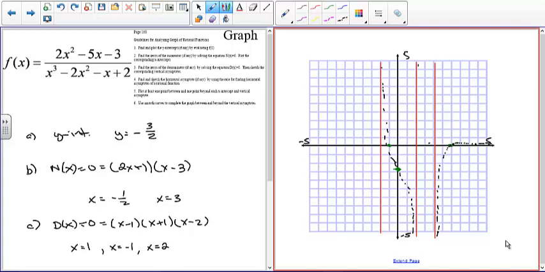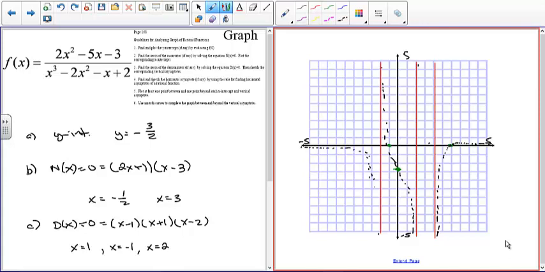So there's going to be a little maximum here, and then it's going to approach the x-axis. Likewise here, this is at positive infinity, so we would come from -infinity, and we have a horizontal asymptote of 0 and no x-intercepts here, so it's going to approach it kind of like this.